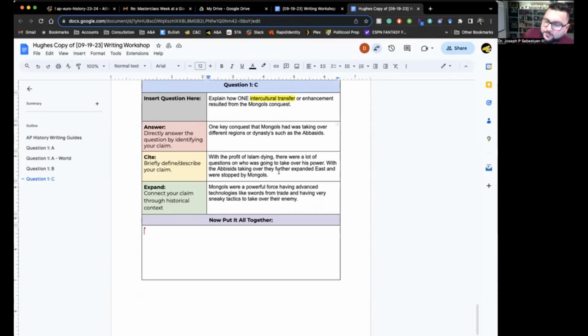Okay, explain that more then. How is that an intercultural transfer that resulted from Mongol conquest? If you want to use the Abbasids, yeah, the Abbasids. What transferred through Mongol conquest? What did they have that the Mongols took, or vice versa? I think you might have read this wrong.